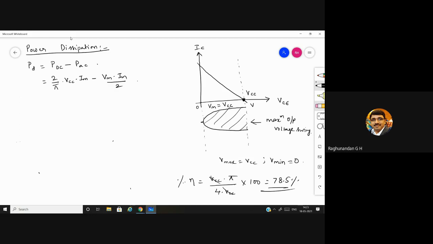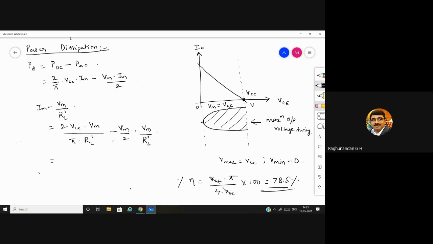Now, Im is equal to Vm by RL dash. We know it already. So on substituting in the above equation, we get 2 into VCC into Vm divided by pi into RL dash, minus Vm by 2 into Vm by RL dash.